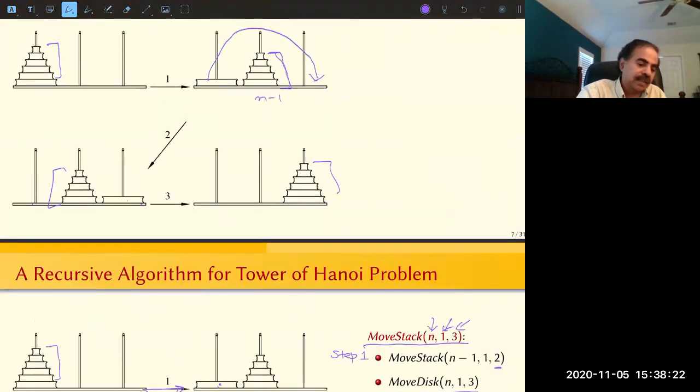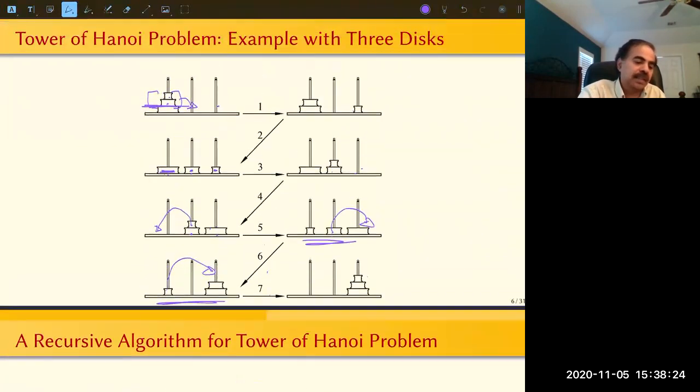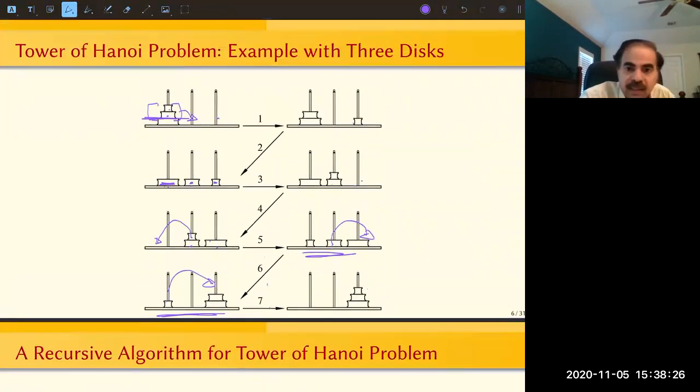So let's try to do this here. This is exactly what is going on in this example. Right here, you start with, let me just write it as M. I don't want to write move stack because it's going to take me a long time to write. So I'm just going to call it M of 3, right? So I'm going to apply the move stack algorithm working on 3 things.